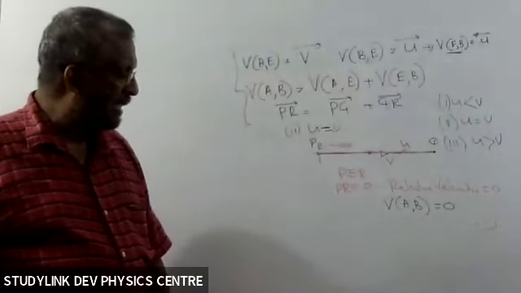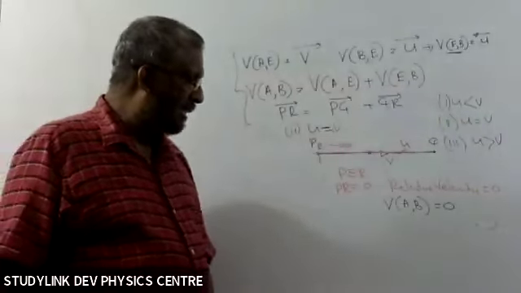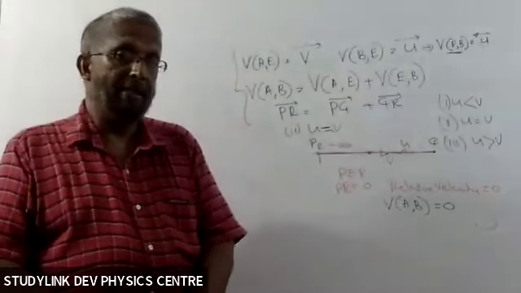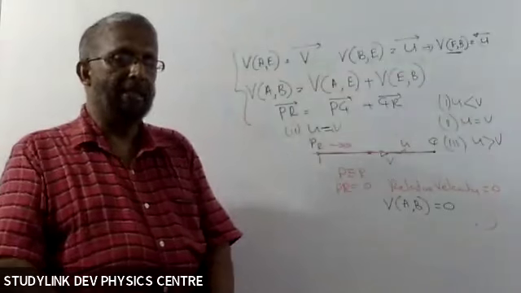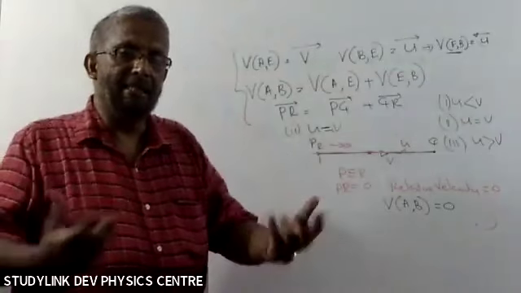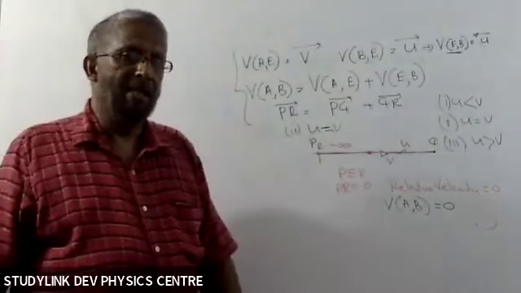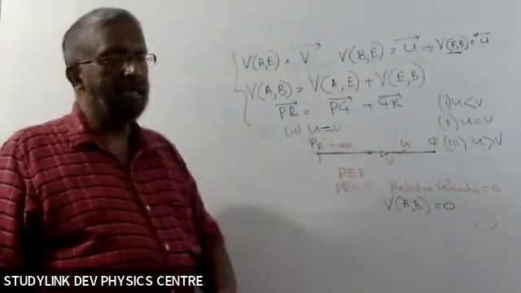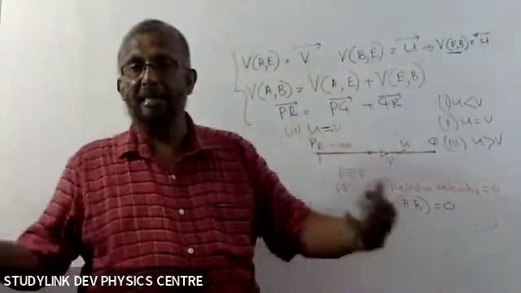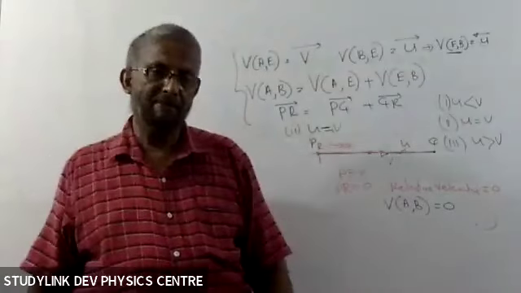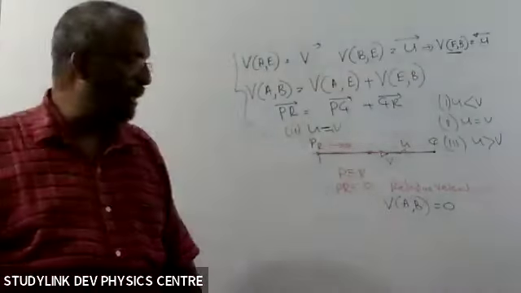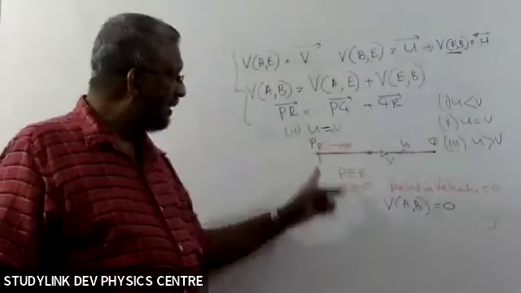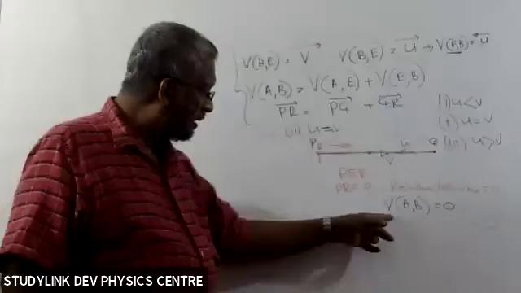But since it is a null vector, as I mentioned when we were doing vectors, a null vector has no direction. So we can say it has an arbitrary direction, any direction. Then write from here up to this.